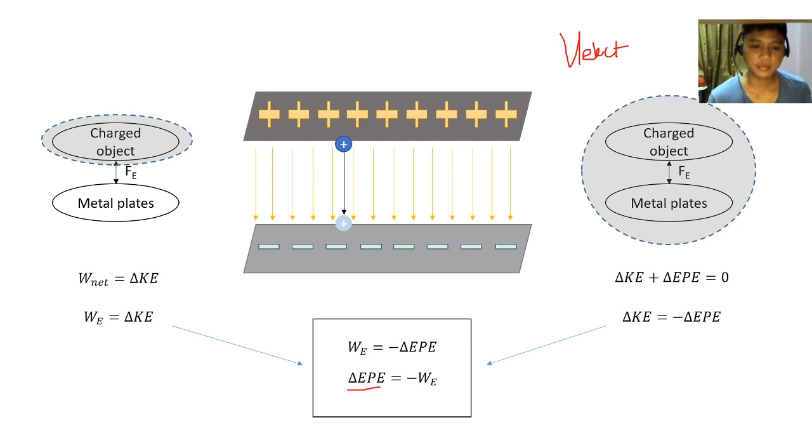In other words, if you want to calculate how much energy a charged object gains or loses from moving from one plate to the other, then you just calculate the work done, and you multiply it by a negative sign.